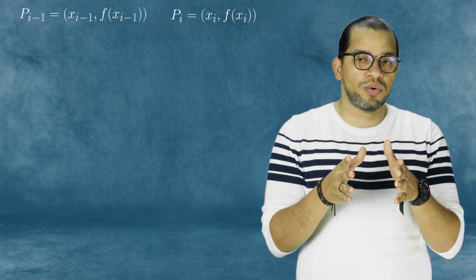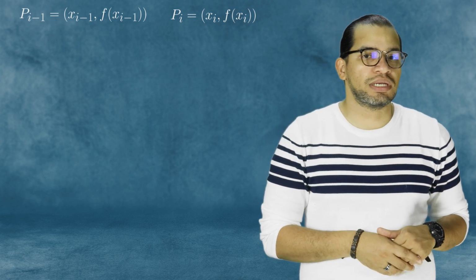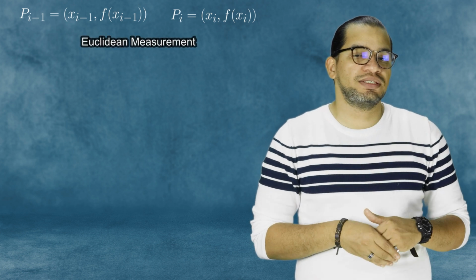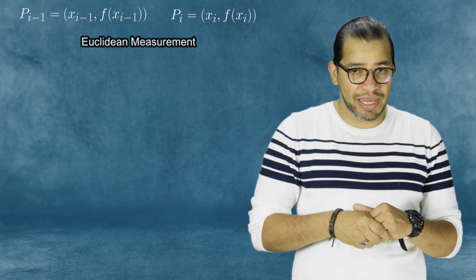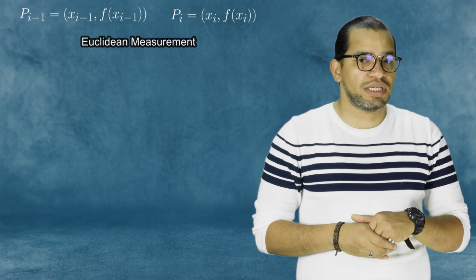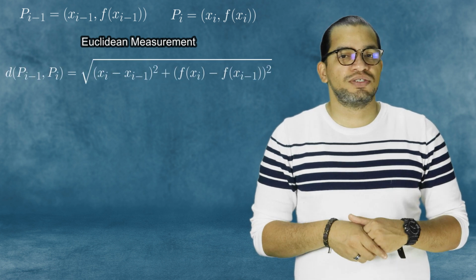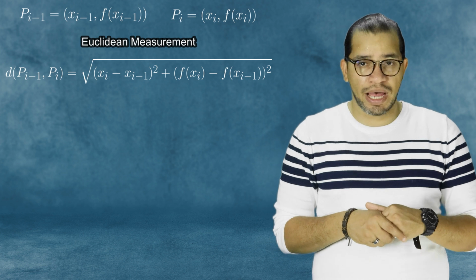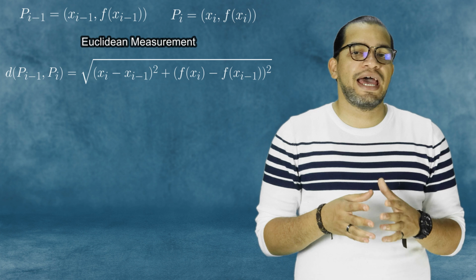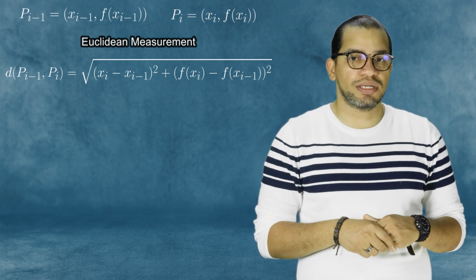Now, we know that for getting the distance from p sub i minus 1 to p sub i, we need the Euclidean measurement, meaning the distance between 2 points is calculated using the square root of (x sub i minus x sub i minus 1) squared plus (f of x sub i minus f of x sub i minus 1) squared.